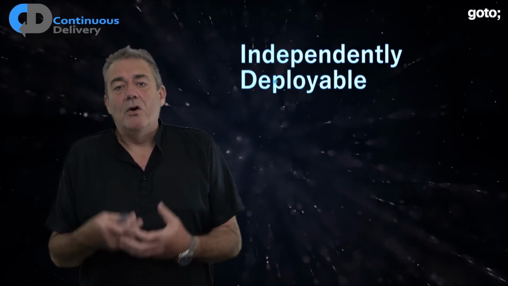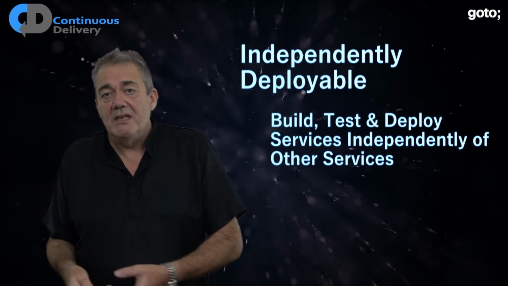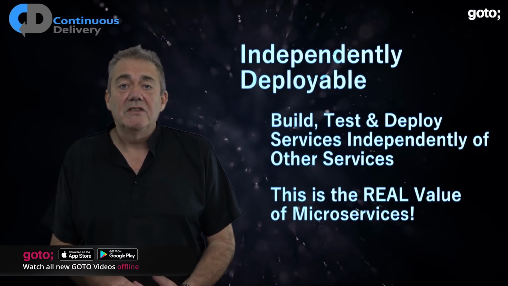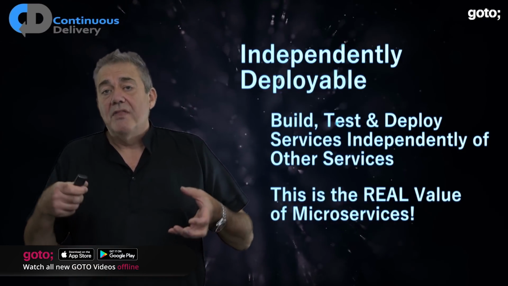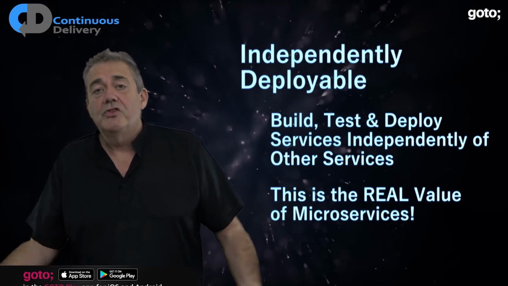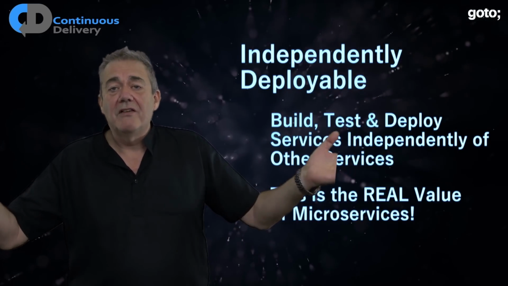If our services are autonomous and independently deployable, we build, test and deploy them independently. This is the real value of microservices. This is the step that decouples organizations both technically and culturally and allows them to grow and create software at an enormously fast rate.